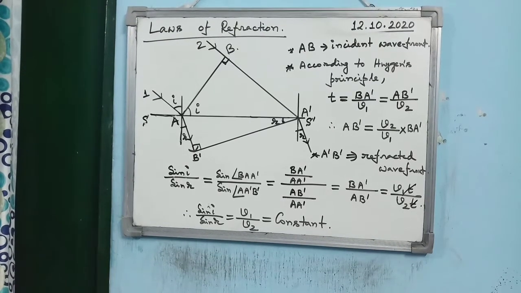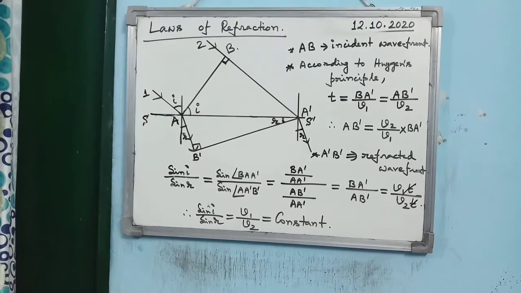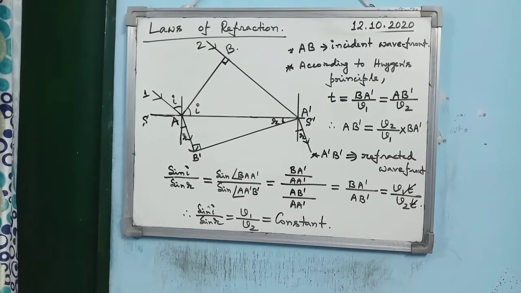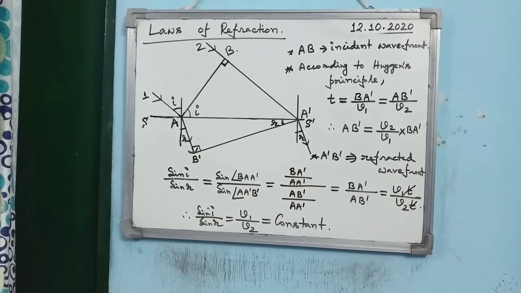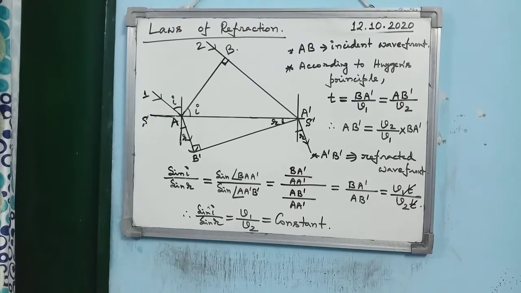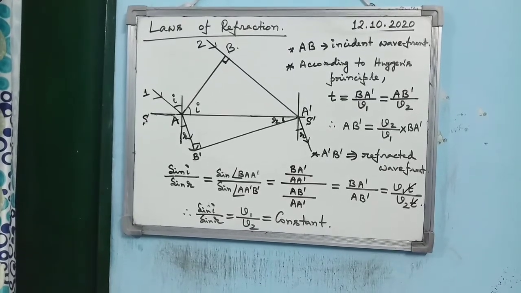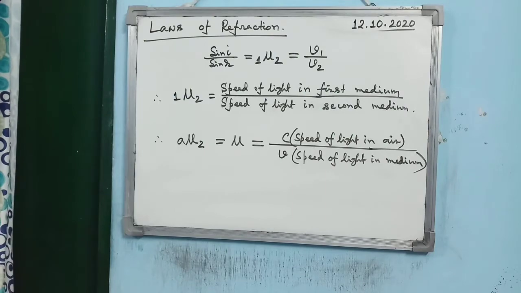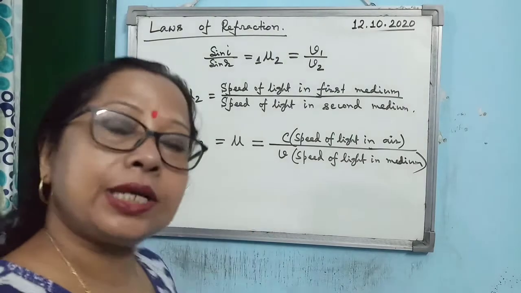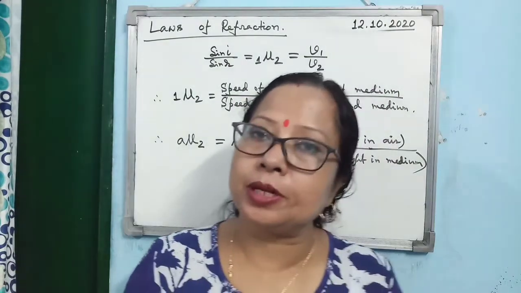And here also you can say AB, A'B', SS' lie on the plane of the paper, so the incident ray, the refracted ray and the normal all lie on the same plane. So not only have we proved the second law, Snell's law of refraction, we are also getting the relation of the refractive index with the speed of light.